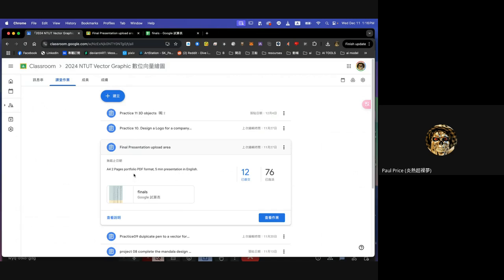Oh, so it's a portfolio in two pages. I didn't know that. You probably got mixed up with the last project. Exactly. No worries. That's just to be clear. I have to do it again next week. It's all right. Okay, thank you.